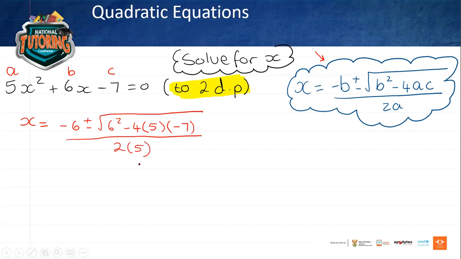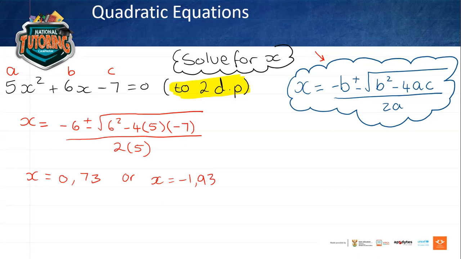And if you type that into your calculator, so do it with me, you should get your answer for x. You can't type in a plus minus, so you're going to have to do it as two separate calculations. Our first answer, if we write it in decimal form, is going to be 0.73 if we round it off to 2 decimal places. And then if you type it in again with a negative, you're going to get x is equal to negative 1.93.